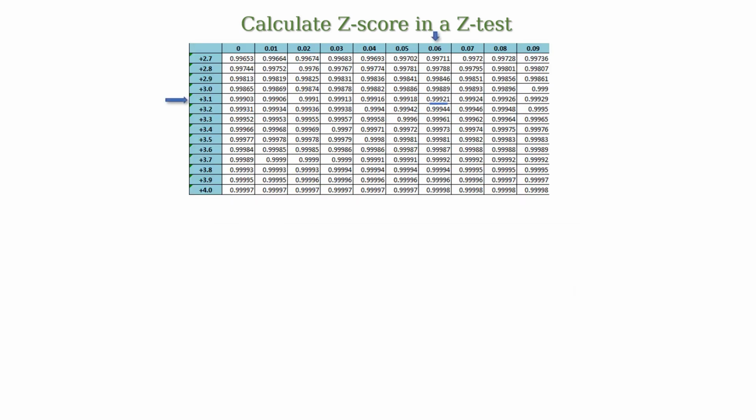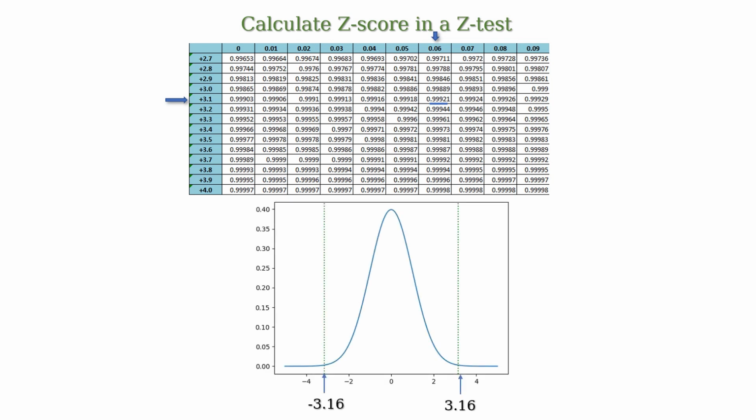And we need to find out the p-value corresponding to the z-score of 3.16. To do so, we will first look at row 3.1 and column 0.06. We get the number 0.9992. That means the area on the left side of our z-score is 0.9992.